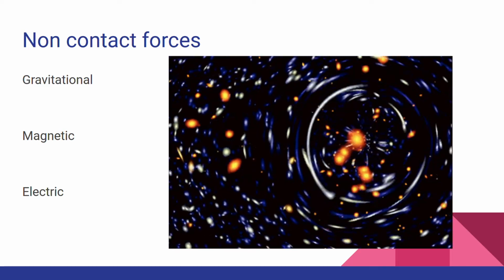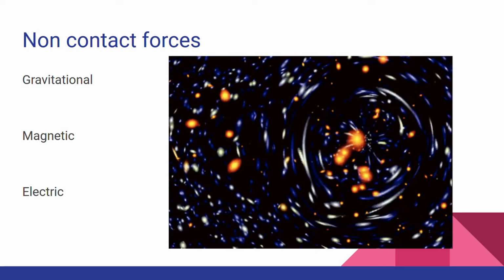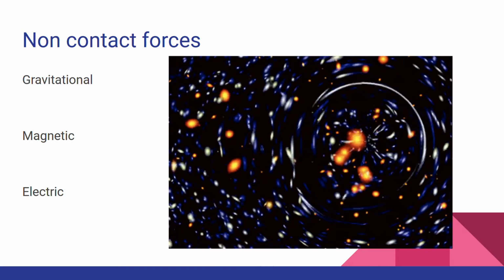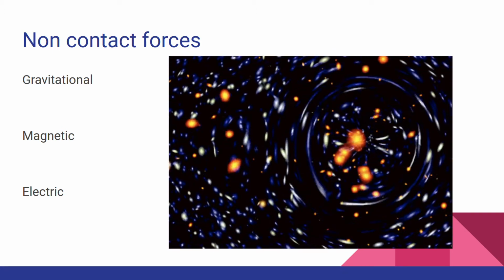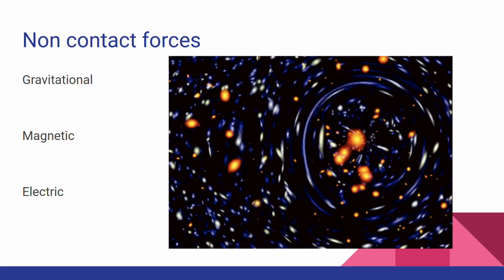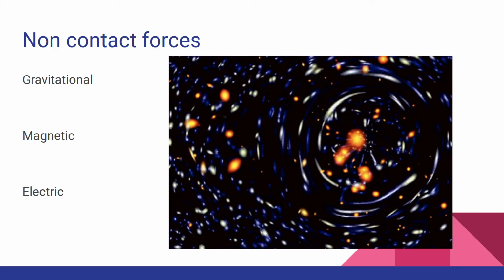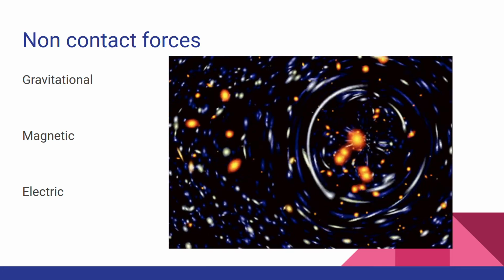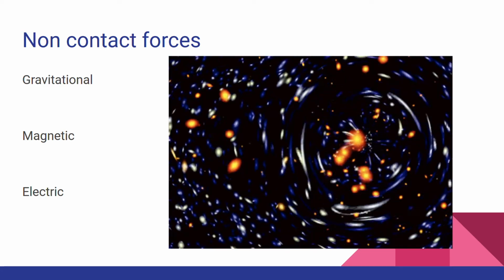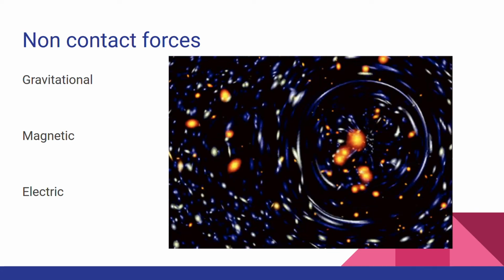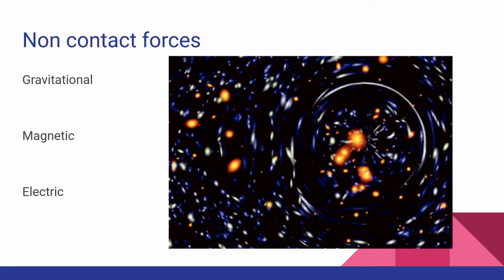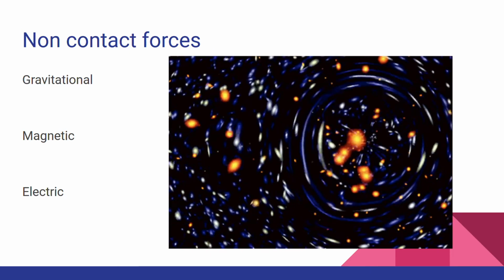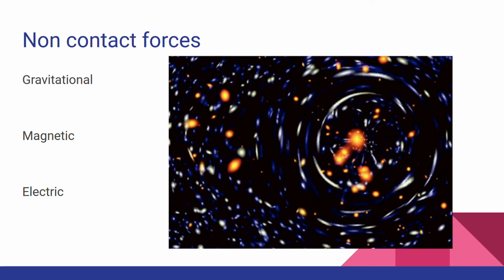These ones are simpler. Gravitational force is the force of the earth pulling you down. It's a property of mass. So the heavier something is, the greater the gravitational pull that object will have. Same for magnetic and electric, but not mass in this case; the properties will be charge, electric properties, static.